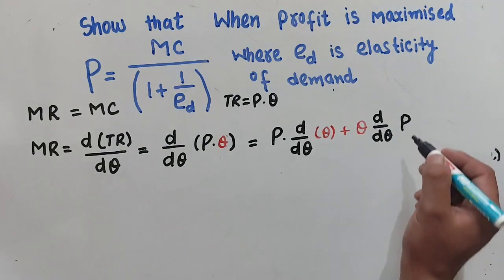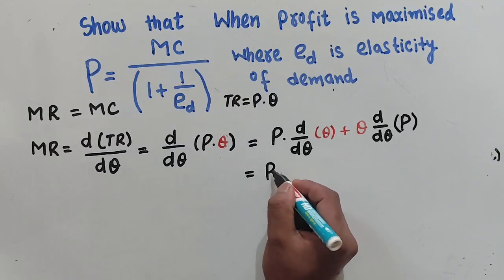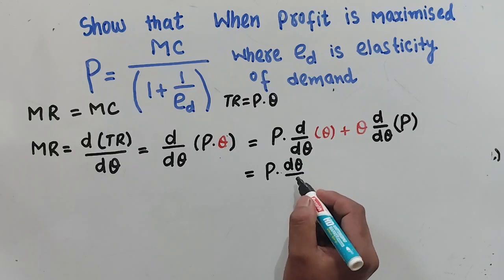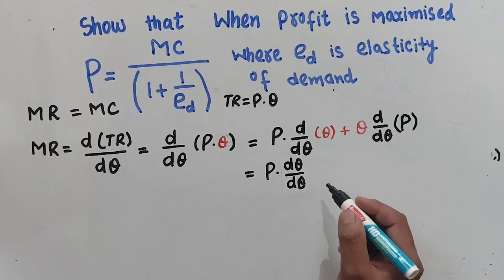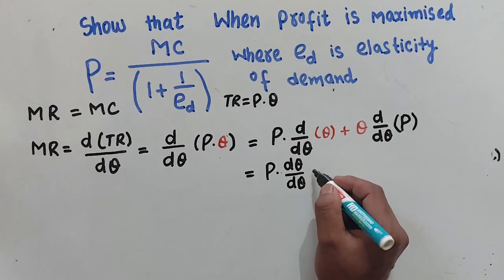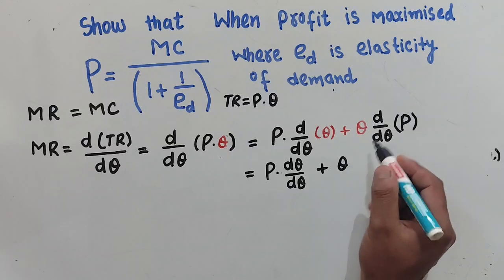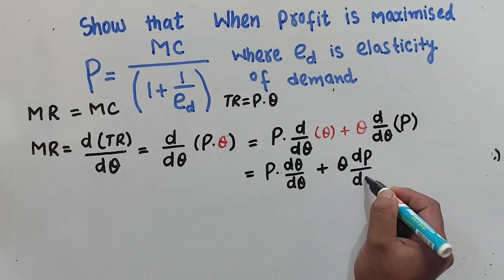That implies here we will get P into dq upon dq, the derivative of Q with respect to Q will be 1 obviously, plus here we have Q, so it will become dp upon dq.